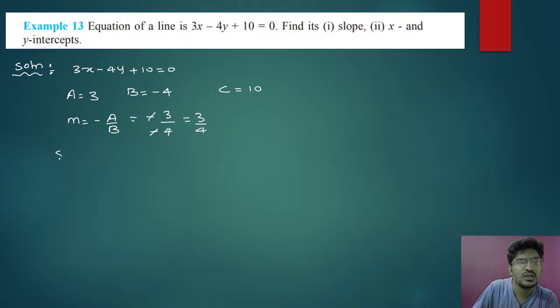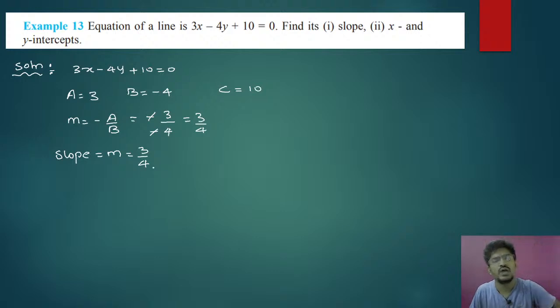So the required slope is m equal to 3 by 4. Clear? See, a value is 3, b value is minus 4. So minus and minus will get cancelled. So slope will be 3 by 4, not minus 3 by 4. So please check it.